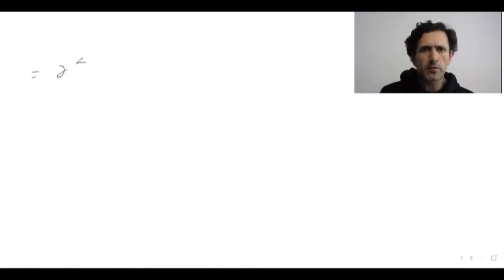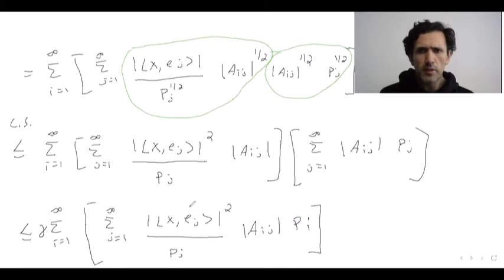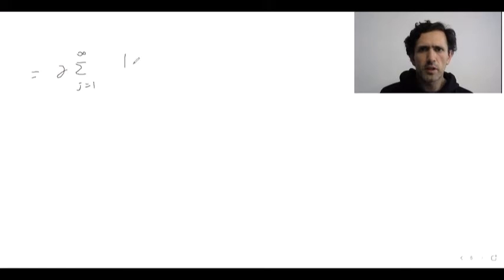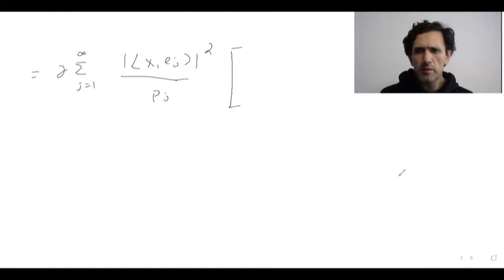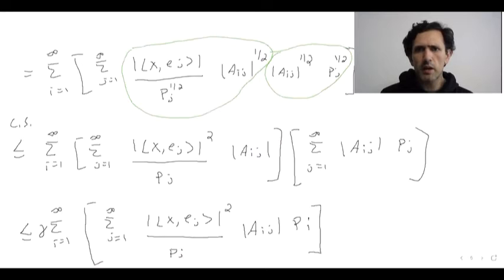I'm allowed to do that, just basically Fubini's theorem, which holds for non-negative sums. So what I want to do is pull out this term here, since it just depends on j. If I do j first, it's |x_j| squared in a product over p_j.